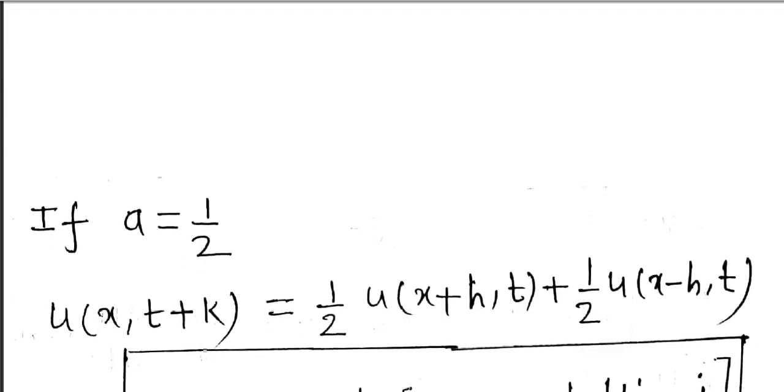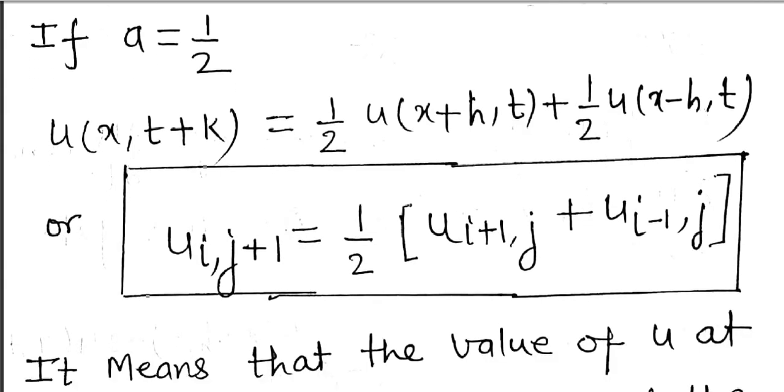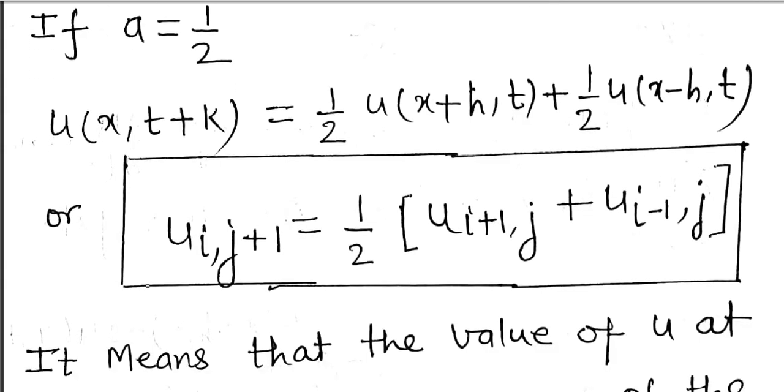Now if we put a equal to 1 by 2, then u(x, t plus k) is equal to 1 by 2 u(x plus h, t) plus 1 by 2 u(x minus h, t).